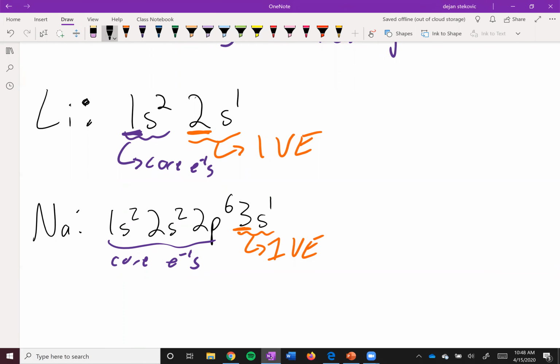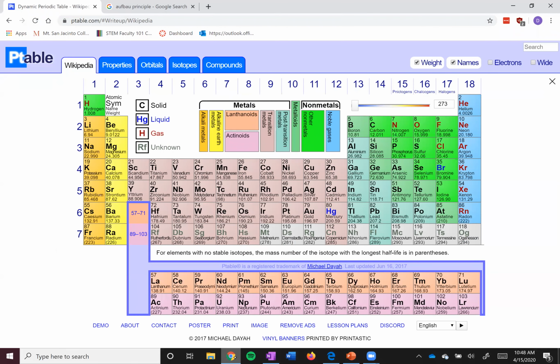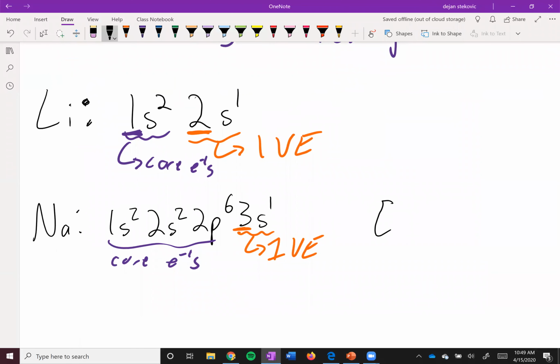As you can tell, as we go down the periodic table, we're going to have to write more and more stuff. So what we can do instead is take a shortcut. We can say that sodium has the same electron configuration as neon, and then a 3s1 electron. So we write neon in brackets, which means it has the same electron configuration as neon, and then 3s1.